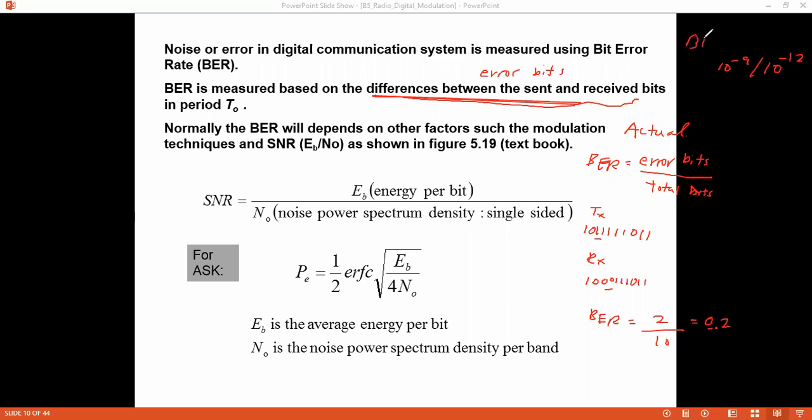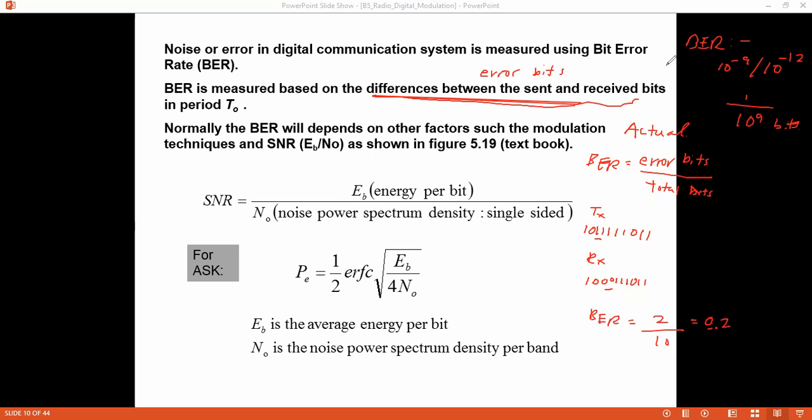For a system to be accepted, it should have only one error out of 10 to the power of 9 bits. Measuring bit error performance for such a high number of bits is very time consuming and requires a lot of resources.